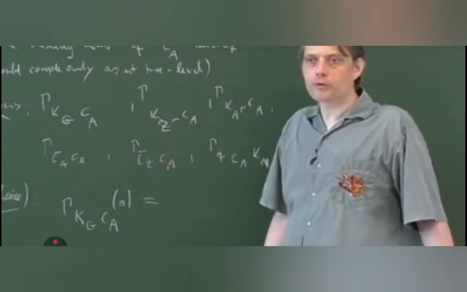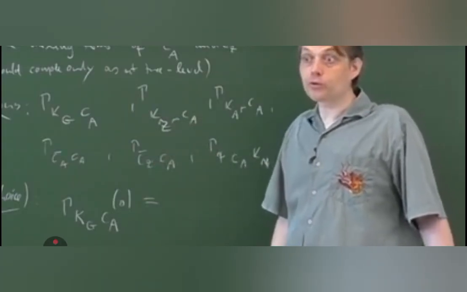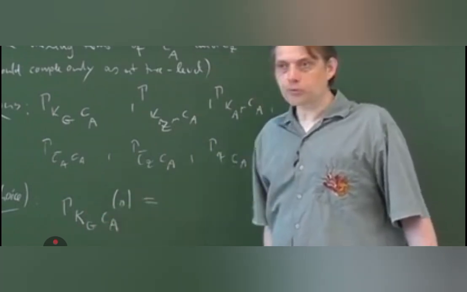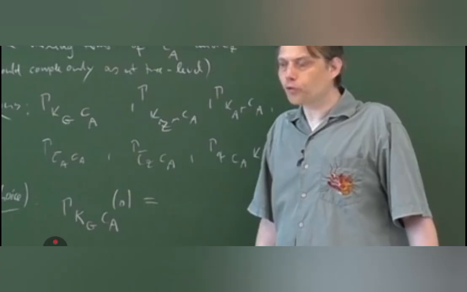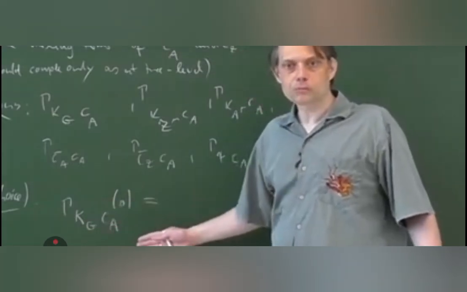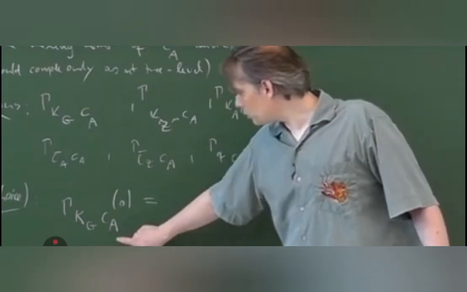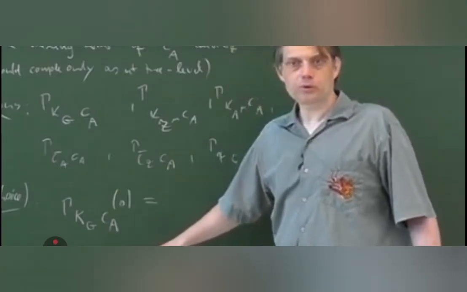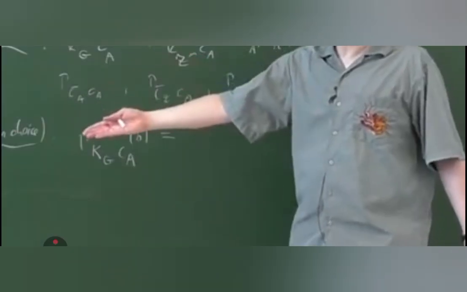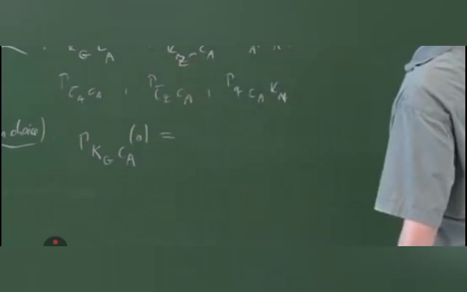It doesn't do anything because it's electrically neutral. So under QED gauge transformations, the neutral Goldstone does not transform, and therefore this Green function at tree level is zero. What is not zero is the thing with the Z boson here, because with respect to the Z, the Goldstone boson transforms into the Higgs plus vacuum expectation value, as we already mentioned before.